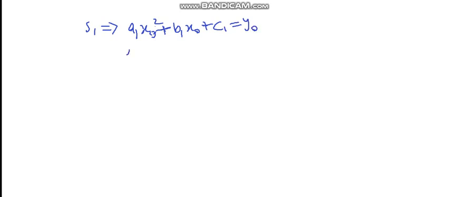And then we have a1 x1 square plus b1 x1 plus c1 equal to y1, and this is for the first spline.